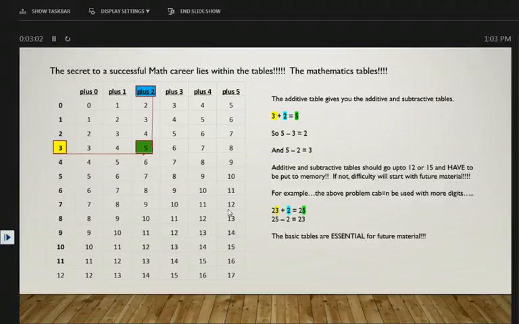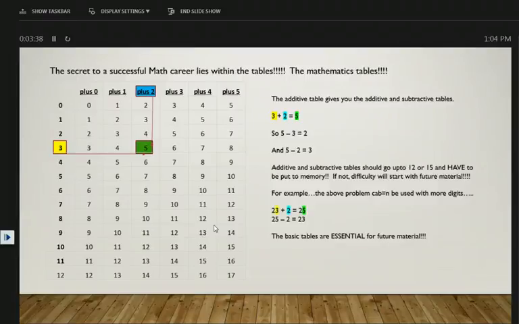Because when we get to the prime factorization and the least common multiples and the greatest common divisors, you're going to have to be able to divide and you're going to have to be able to add and subtract. And I can't ask you to do that if you're still doing this. All right? So, one homework problem tonight for you is to go home and make an additive table and a multiplicative table and make sure you know how to use it. Make sure you know how to do the opposite. And if you don't know your multiplication tables, and don't think I'm not talking to some people.